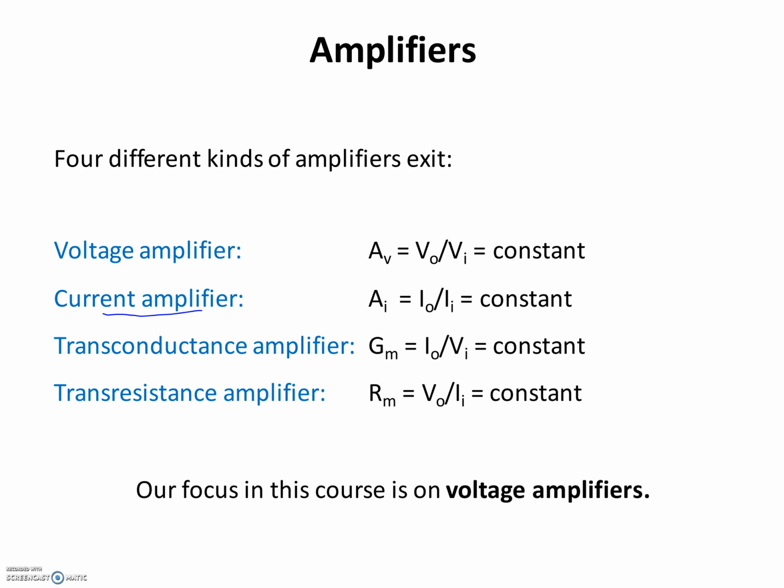Or you could have transconductance amplifiers, in which the output is current, the input is voltage, and the gain is defined as I out over V in. Or transresistance amplifiers, in which the gain is defined as V out over I in. In this course, our focus is on voltage amplifiers.